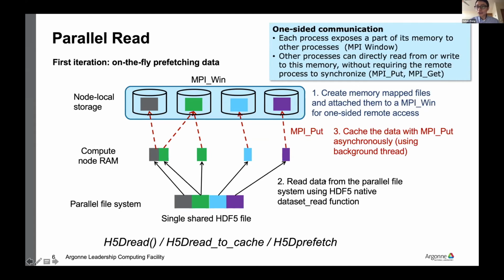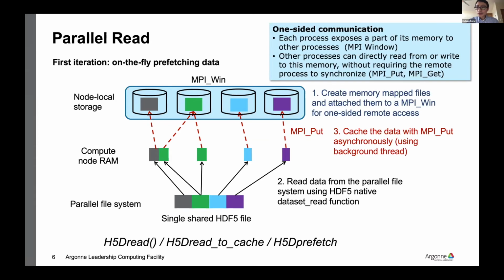Maybe not all of us are familiar with this, but the idea is very simple. Basically, each MPI process exposes a part of its memory to the other processes, and so the other processes can directly read or write to this part of memory without requiring synchronization of that process. So it reduces the communication overhead by using this one-sided communication.